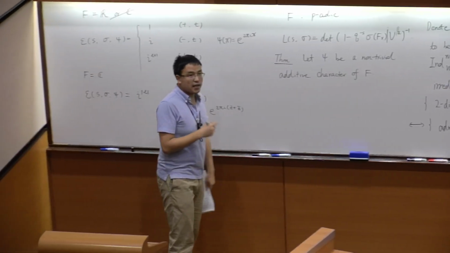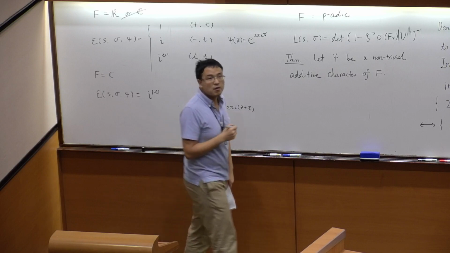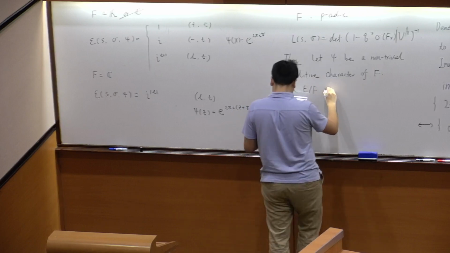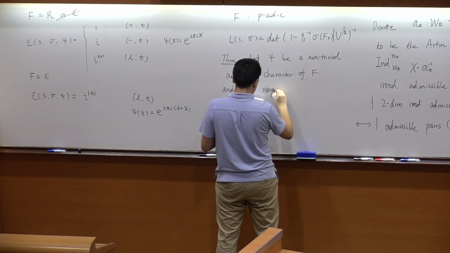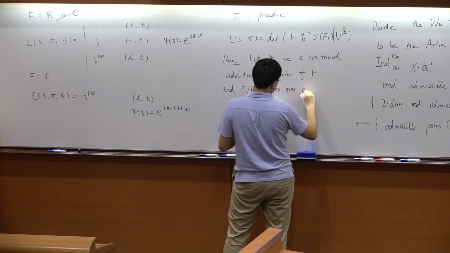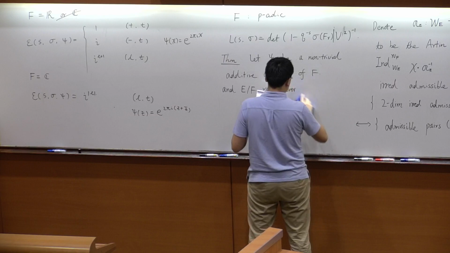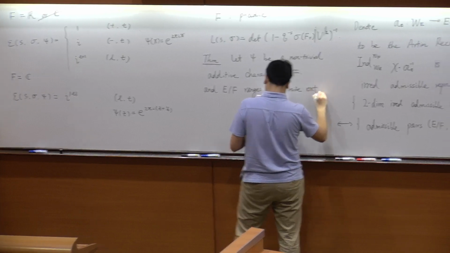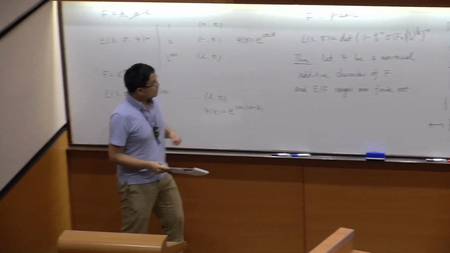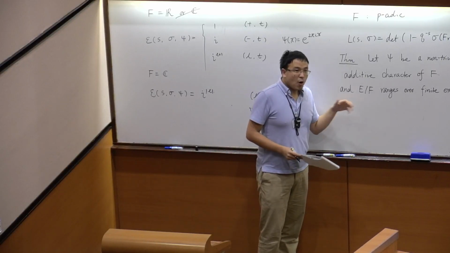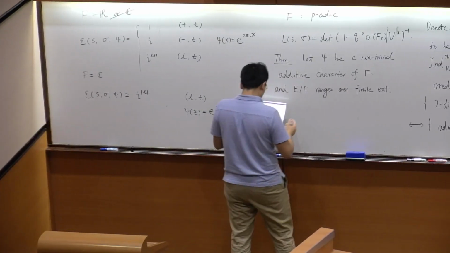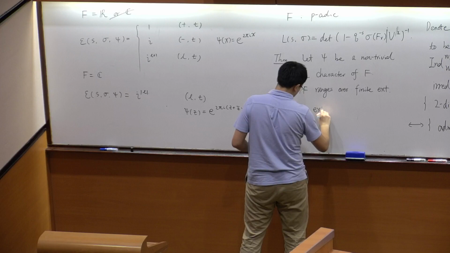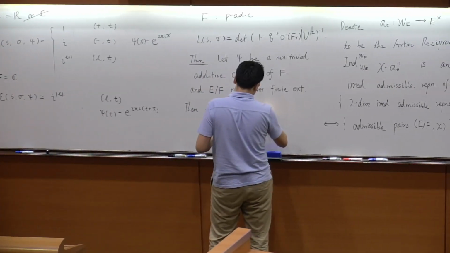And we're going to consider E running over all the finite extensions of F. Okay, so Deligne and Tate proved that such a function always exists, which is also unique.